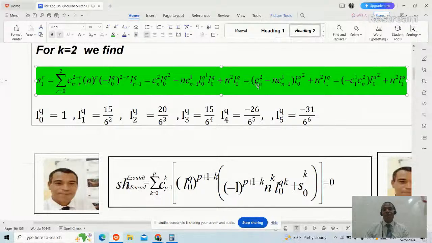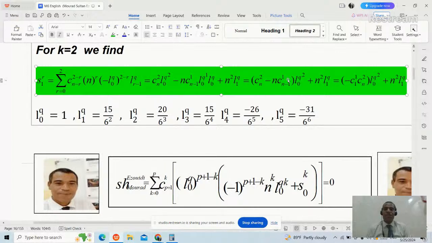N here, in fact, is 6, because the polynomial's highest power is 6, minus n times combination n minus 1 choose 1, close parenthesis, L0 of the q squared plus n squared L1 of the q. This, learners, is the formula that has been derived from the discriminant formula of Mourad Sultan Ezouidi.